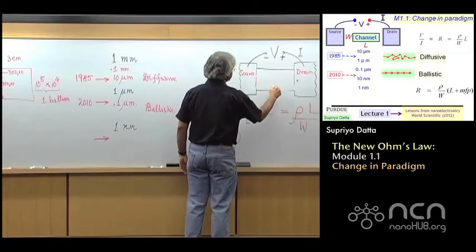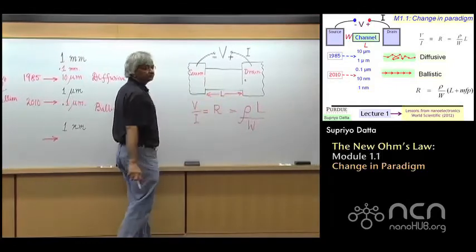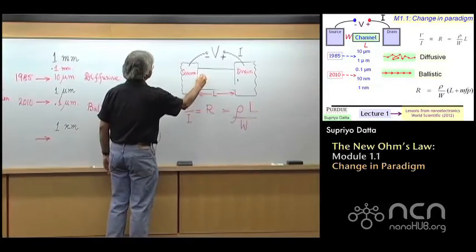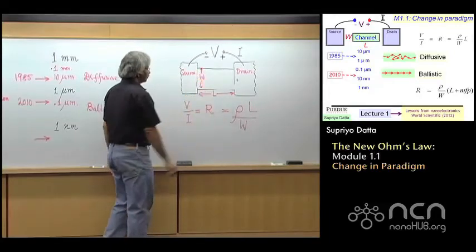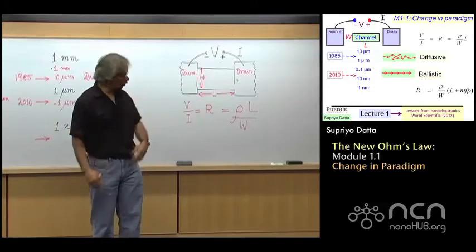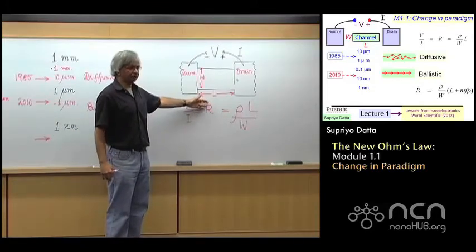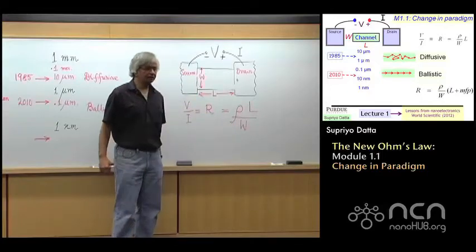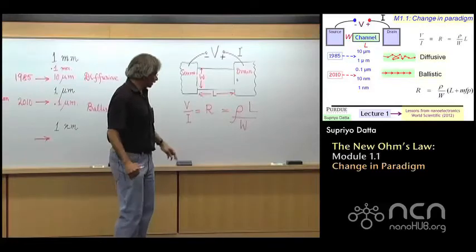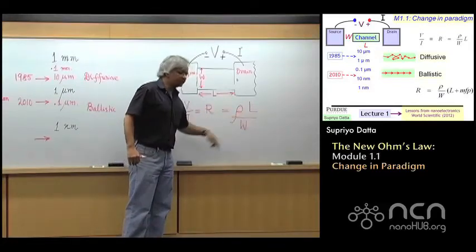Length is the distance from source to drain, and width is this. And of course, the wider you make it, more current can flow. And when more current can flow, it means the resistance is smaller. So that's why the width appears in the denominator. And the longer you make it, the harder it is for electrons to get through, and so the length appears in the numerator.